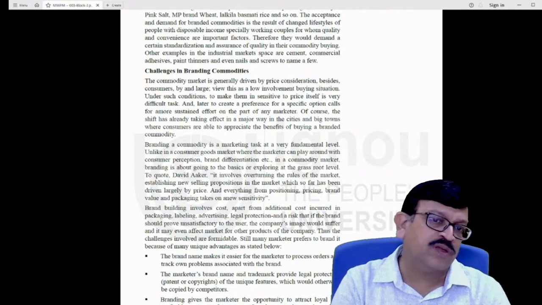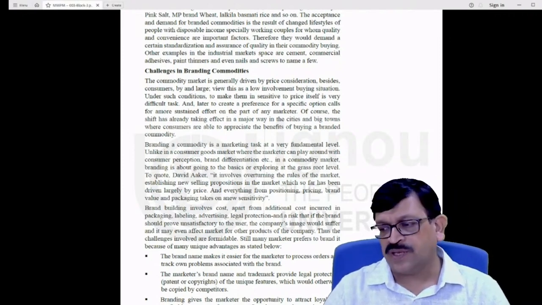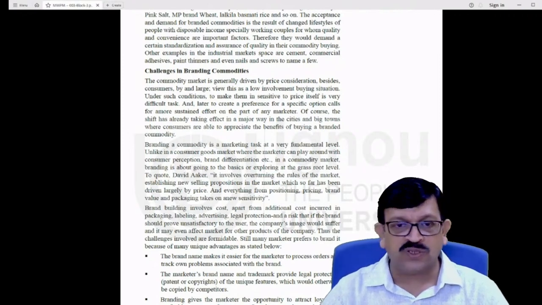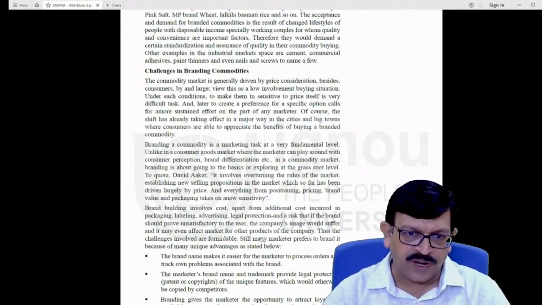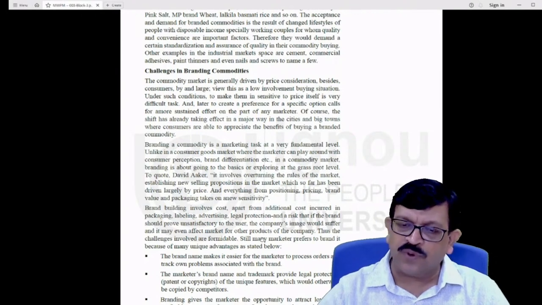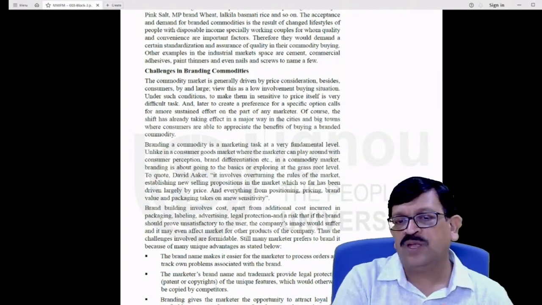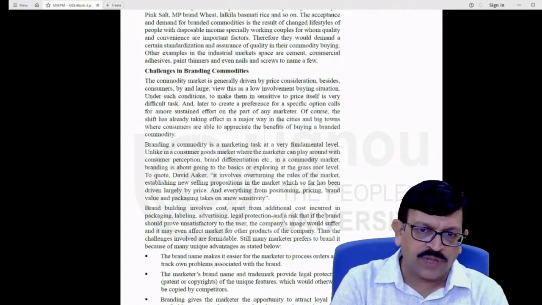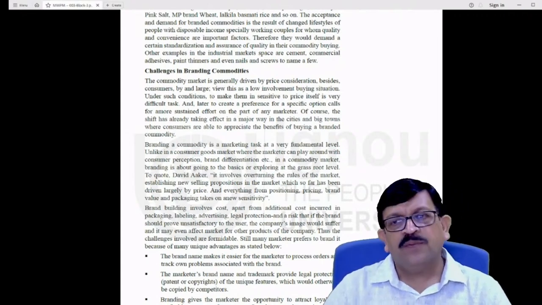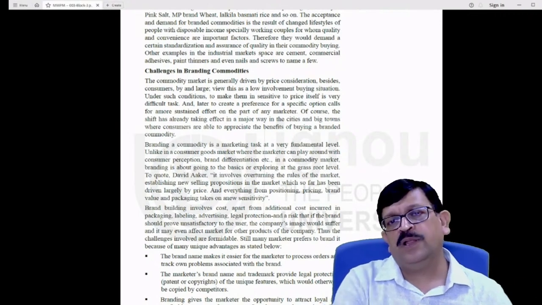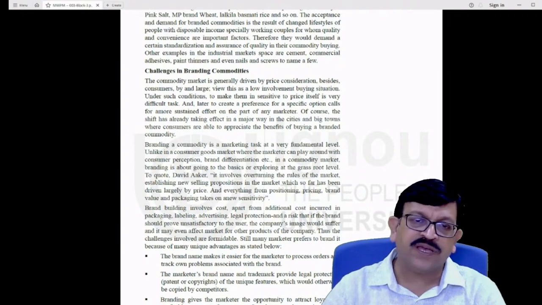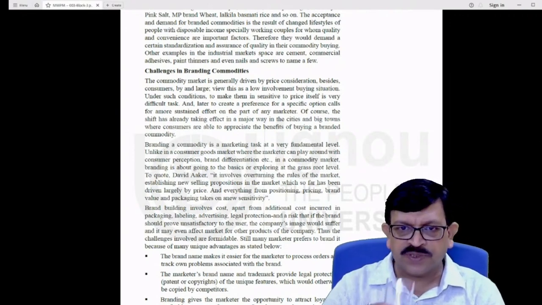And commodities, as I've told you, you have to play with the price, and maybe you do not have so much leverage with so many costs associated with building brands. But anyway, we have to look into that. Since many competitors are doing it, one may have to take it up at some point of time. Because today, when you get a loose tea versus a packaged tea, obviously the packaged tea gets a better acceptance in the marketplace.